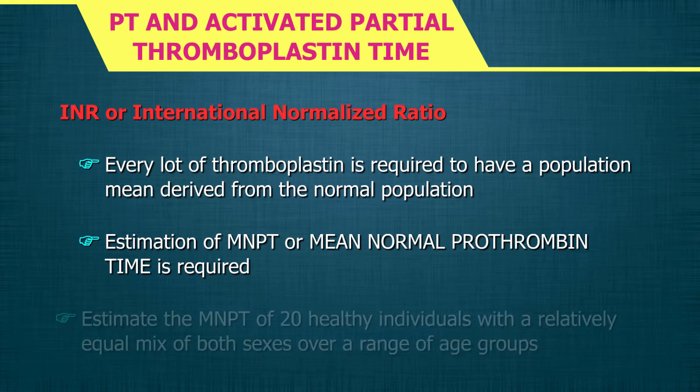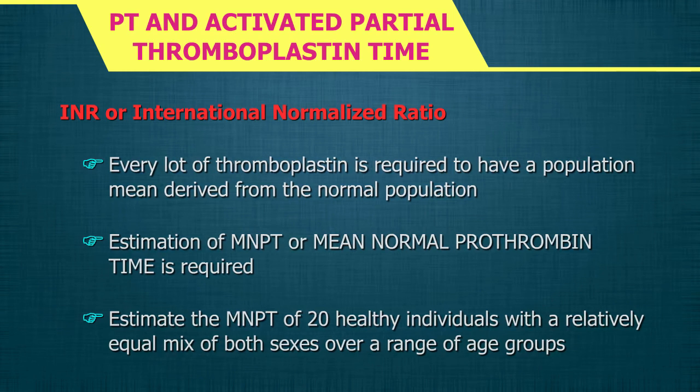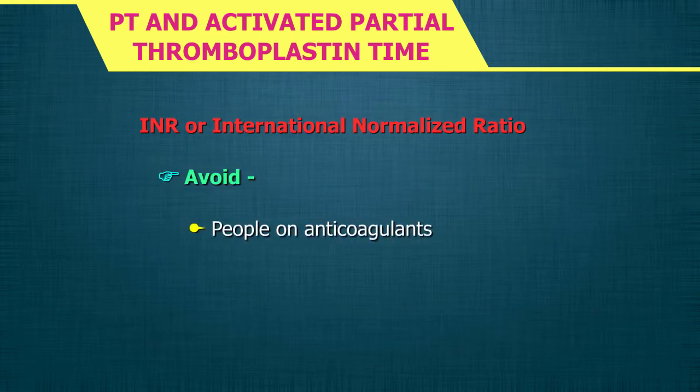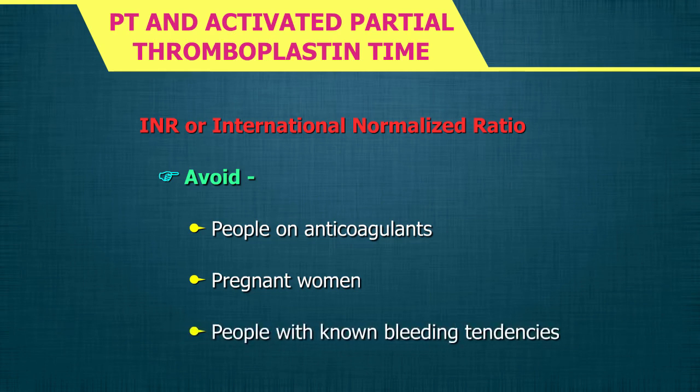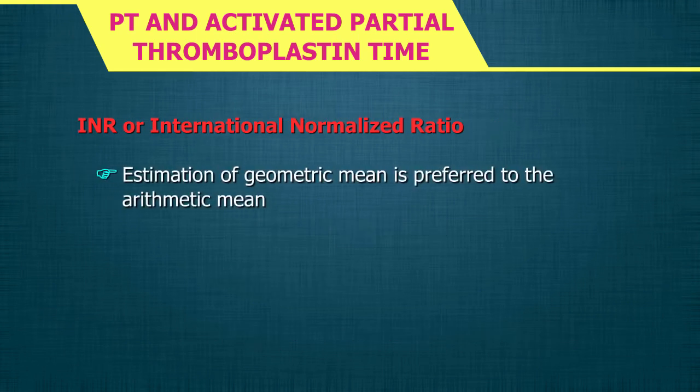A laboratory can estimate the MNPT from a minimum of 20 healthy individuals with a relatively equal mix of both sexes over a range of age groups. People on anticoagulants, pregnant women, people with known bleeding tendencies should be avoided. Estimation of a geometric mean is to be preferred to the arithmetic mean.